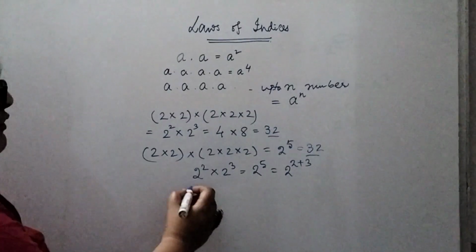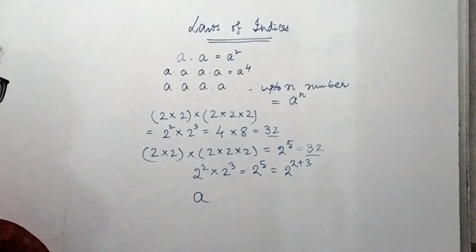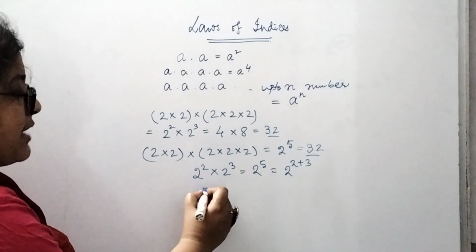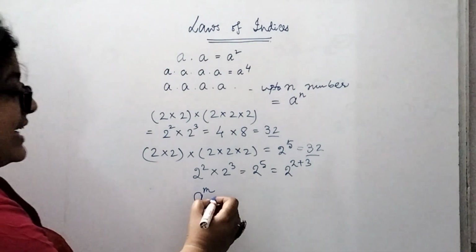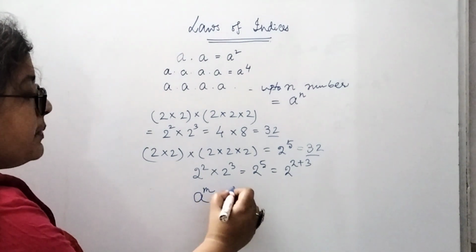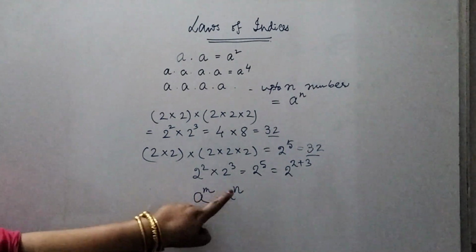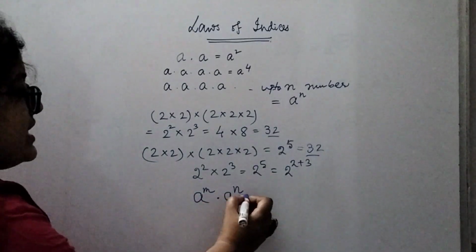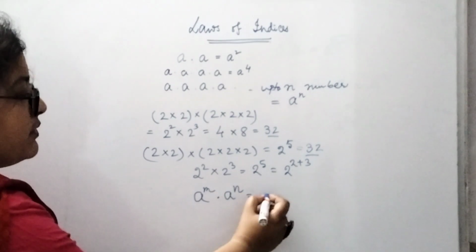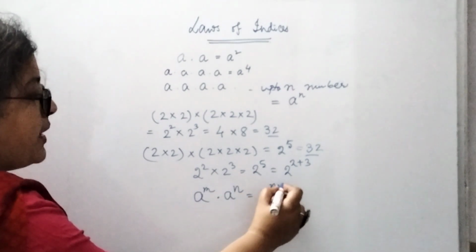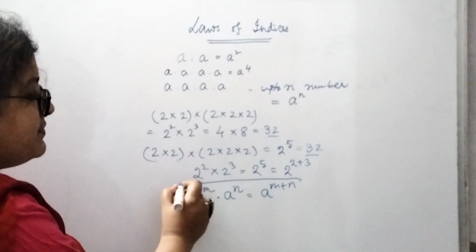Instead of 2, if we take a as a random variable and suppose the index is m, into a to the power n, these two indices being integers, then following this structure, we can write a to the power m plus n.